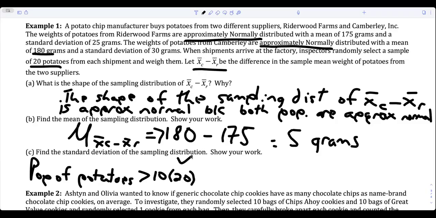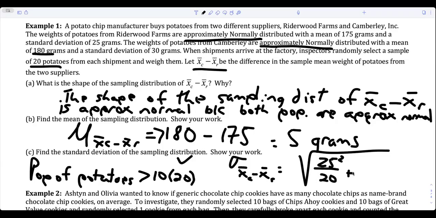And so if that's the case, I'm going to find sigma of x bar sub c minus x bar sub r, which is going to be the square root of the standard deviation of the sample squared, so it's a variance there, divided by 20. And then the second one, it was 30. So take your calculator and put that into your little calculator.